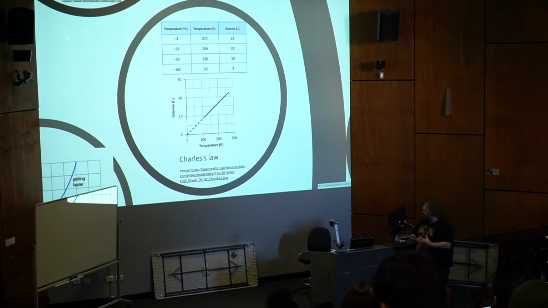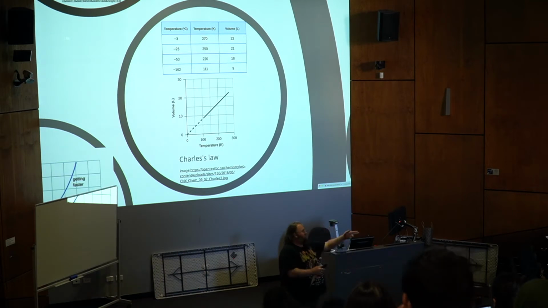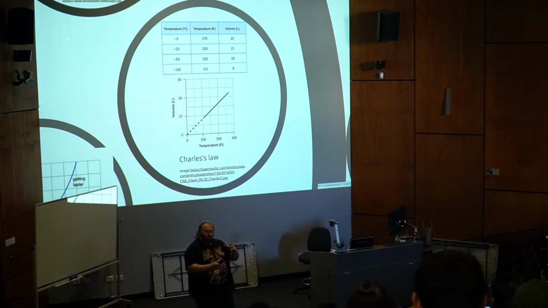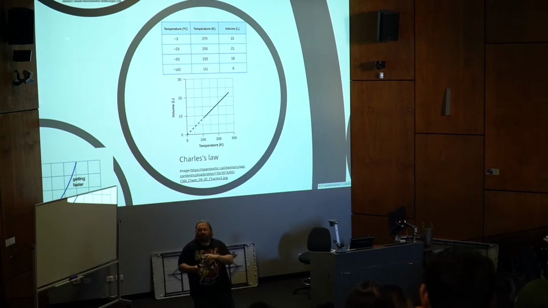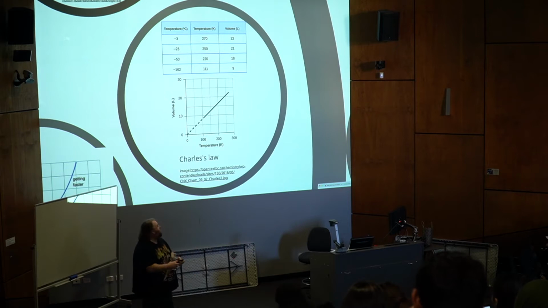Not necessarily in the syllabus, but it's good to know: why do you think the volume increases when you increase the temperature? It expands. Why does it expand? Particles get more excited. Awesome. They get more excited, and that's your particle theory of matter. They get more excited, they push, and then you get that going out.